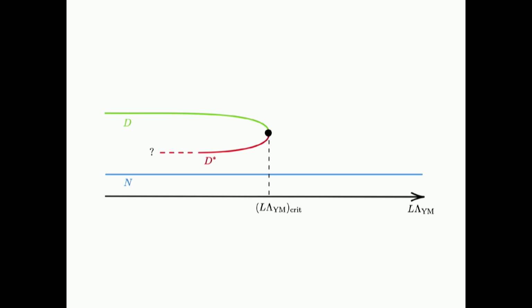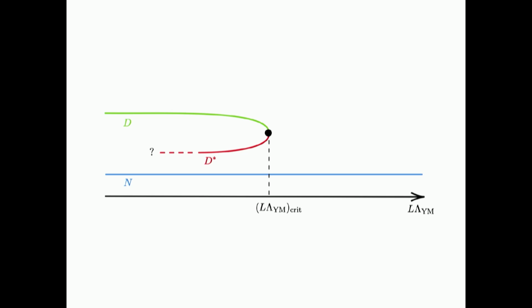So this is the image that summarizes the scenario that emerges. Here there is our coupling, from which we can form this dimensionless combination. And then we have here the Neumann boundary condition, which, as far as we can tell, seems to be continuous all the way to flat space.